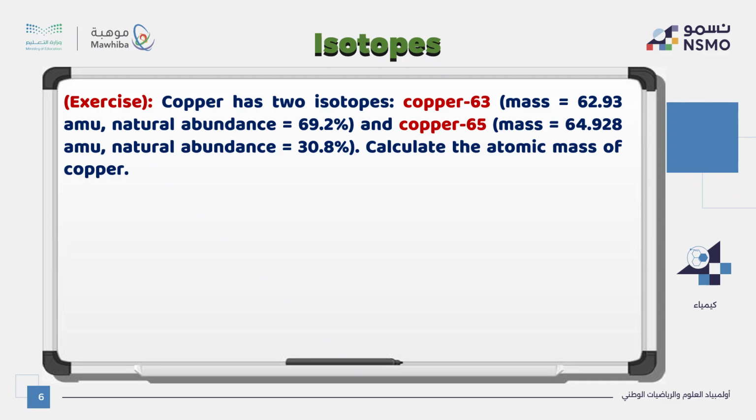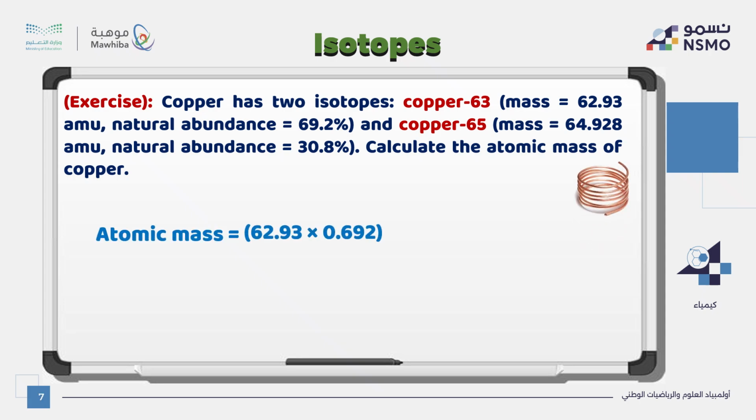The atomic mass of copper is calculated as 62.93 times 0.692 plus 64.928 times 0.308. We will get 63.55 AMU. So the atomic mass of copper is 63.55.